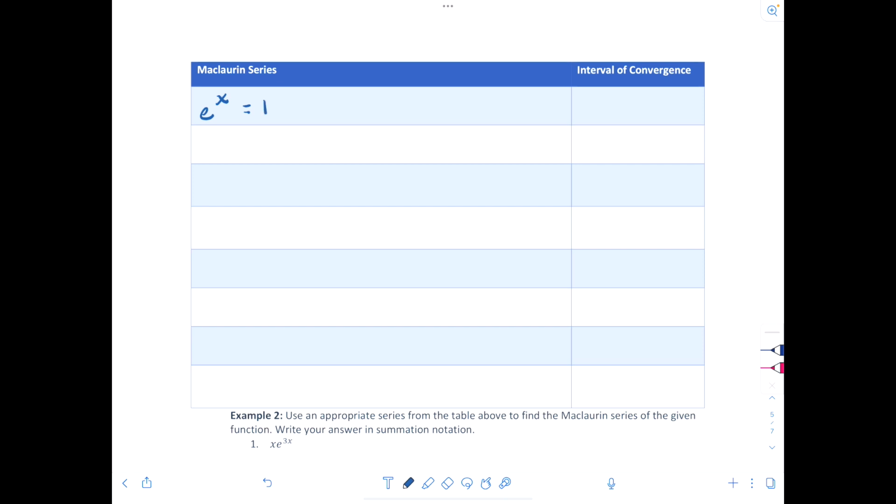So e to the x is 1 plus x over 1 factorial plus x squared over 2 factorial plus x cubed over 3 factorial plus dot, dot, dot, and that will equal the summation as n goes from 0 to infinity of 1 over n factorial times x to the n. The interval of convergence happens to go from minus infinity to infinity.